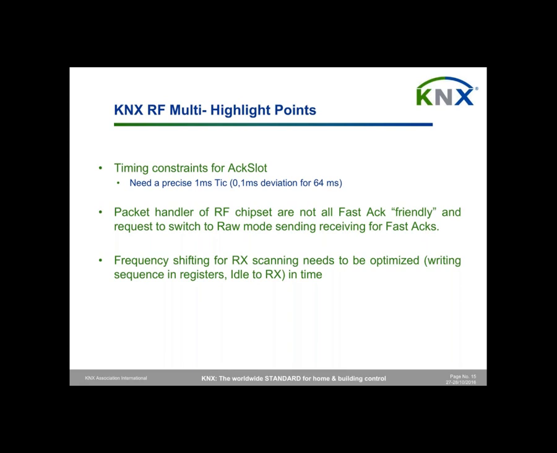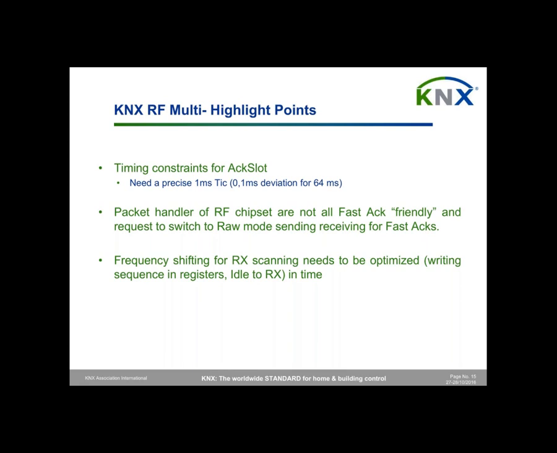The second point is today KNX RF multi can be implemented on a lot of RF chipsets. But today, if you are just doing RF ready things, you can use mainly the packet handler of all RF chipsets, which is compliant to MBus solution, which is the same physical layer as KNX.